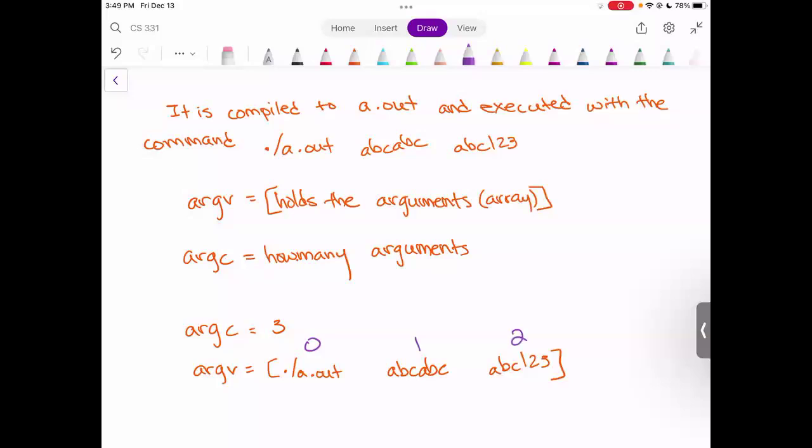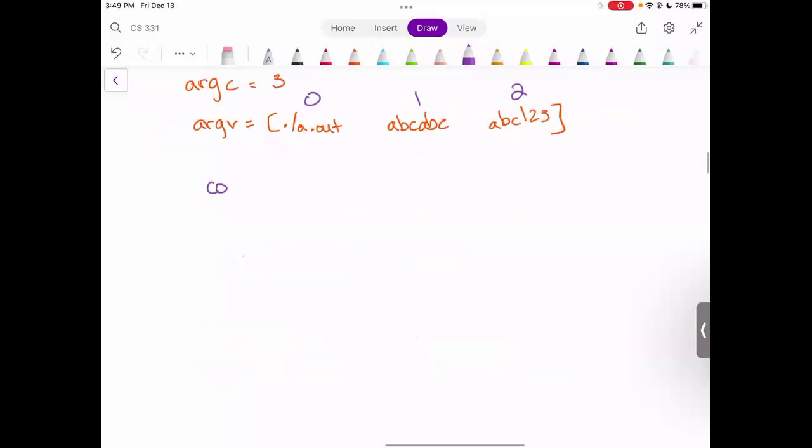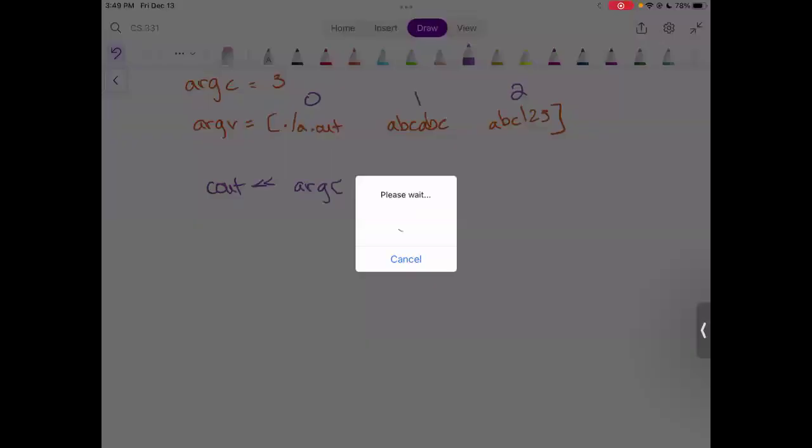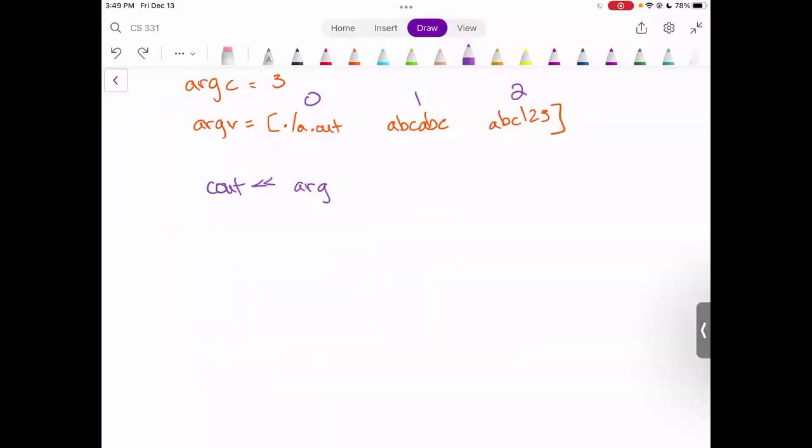So if I say cout argv of 2, you would say it equals abc123, like that.